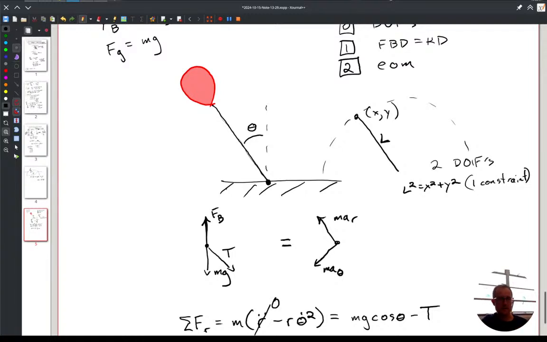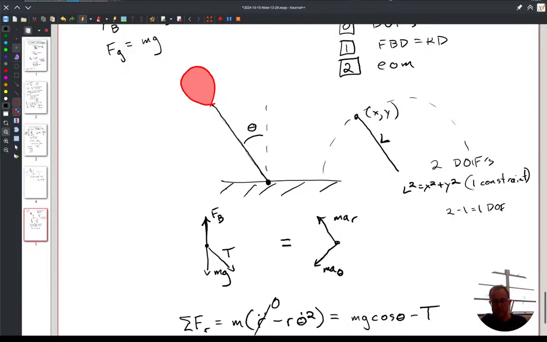I could have chosen 2 other independent coordinates, but overall, if I'm trying to say this is where the balloon is, I need to describe it with 2 coordinates, but those coordinates are bound together somehow. And since I know that they're fixed, 2 minus 1 is now 1 degree of freedom, which means I'm only looking for one equation of motion.